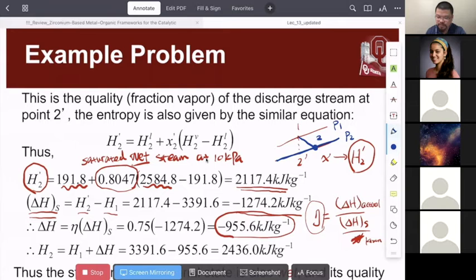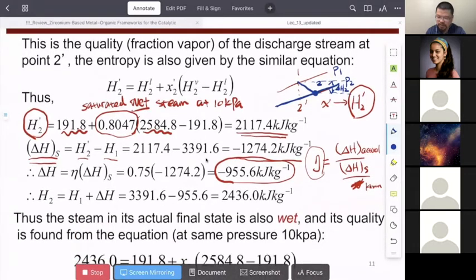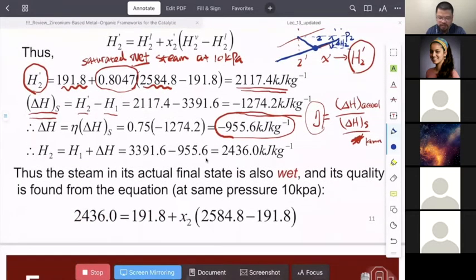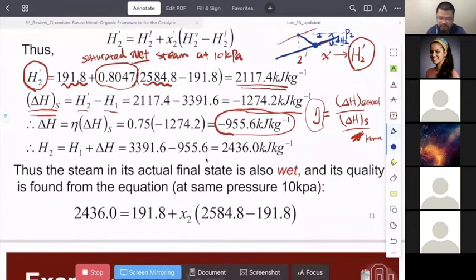Okay, but now at least we know the H2 minus H1, that is delta H, the actual enthalpy change using this turbine. So once we figure that out, then we know this is the exact H2 value over there. Okay.